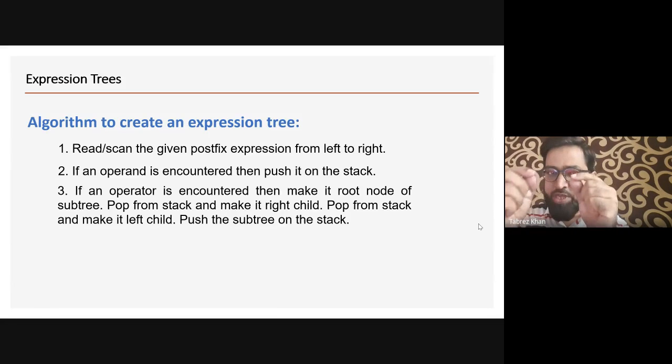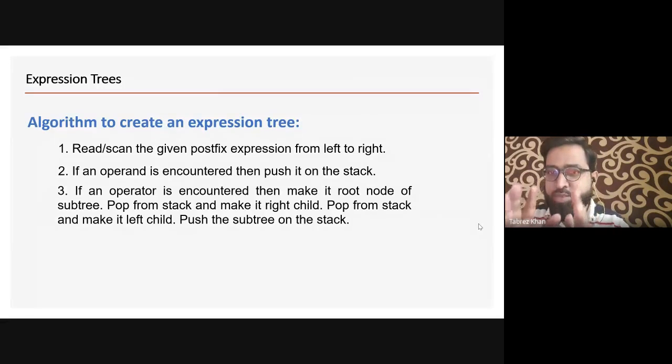So when an operand is encountered, a node is created for that operand, and then that node is pushed onto the stack. From programming point of view, pushing a node means pushing a pointer to that node onto the stack. Please hear carefully.